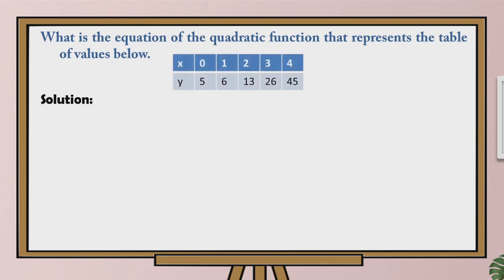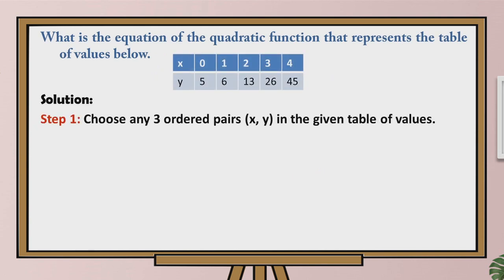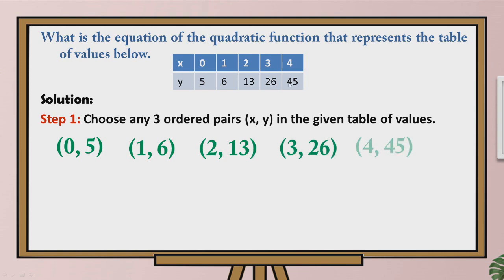So now let's proceed to our solution. Of course, we will follow the steps. We'll start with step 1, which is we're going to choose any three ordered pairs coming from our table of values here. So in our table of values, we can see 5 ordered pairs, and these ordered pairs are (0, 5), (1, 6), (2, 13), (3, 26), and (4, 45).